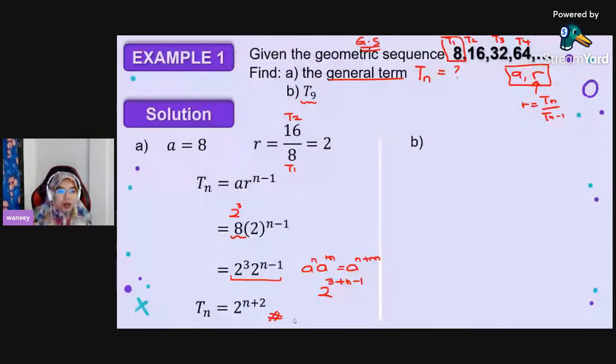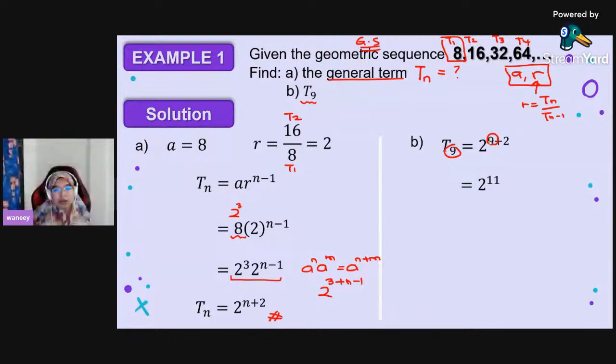Okay, so now I already have my Tn. Now let us calculate what is T9. T9 means you should substitute n with 9. So this is 2 to the power of 9 plus 2. So 9 plus 2 is 11. So we have 2 to the power of 11.